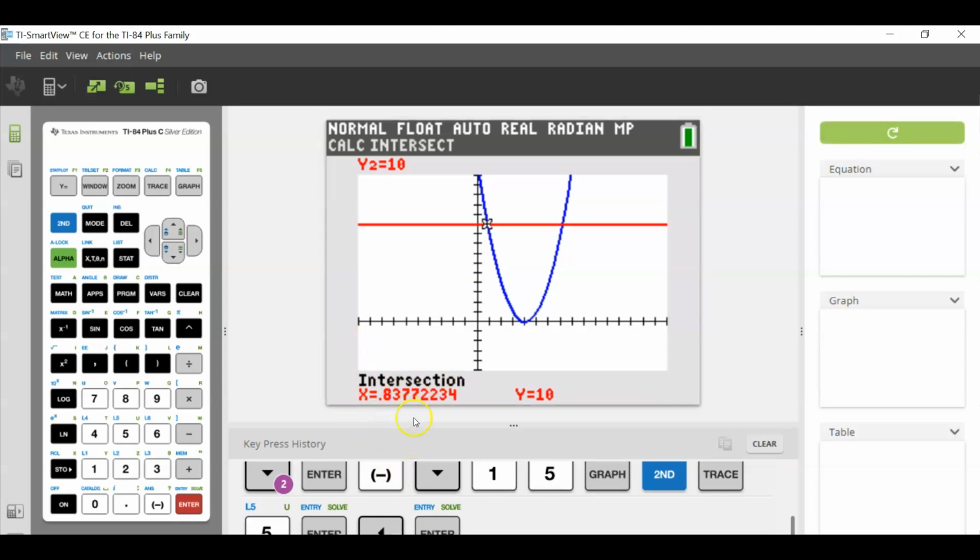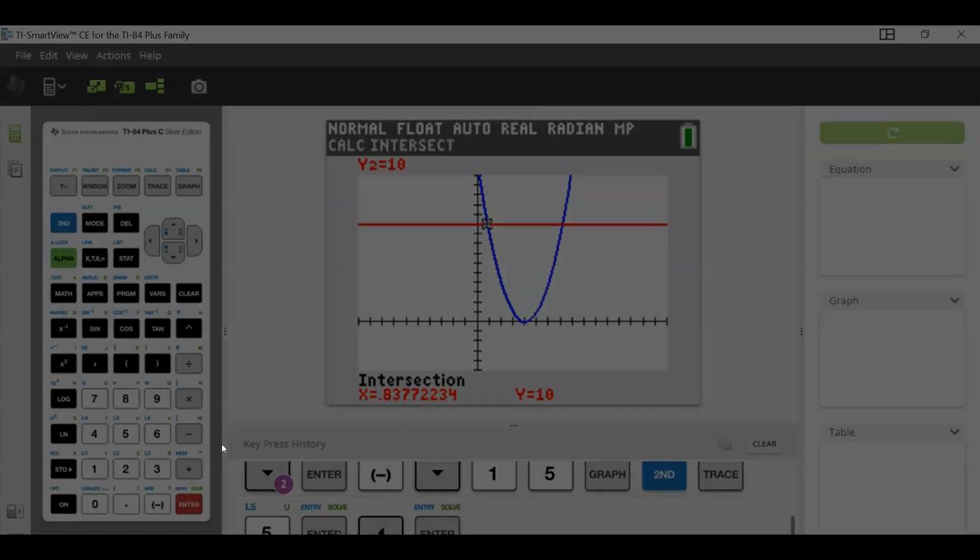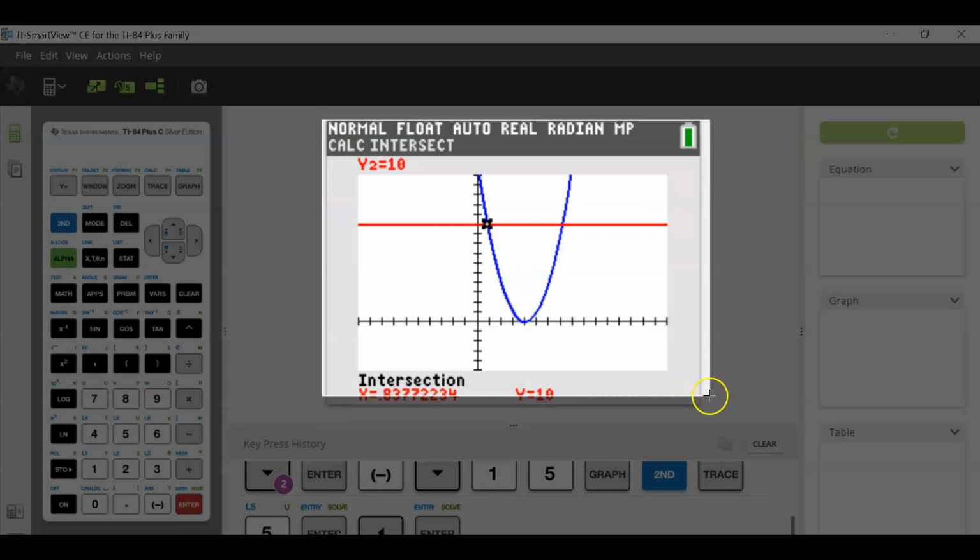All right. So if I did this to 3 sig figs, 0.833, that would become an 8. And then you repeat it for the other root.